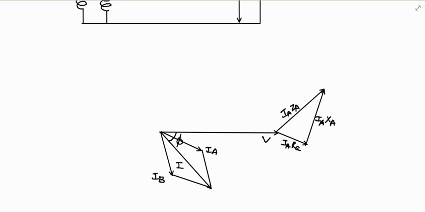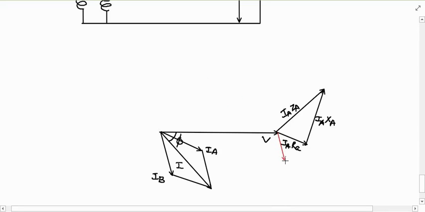Now with the red color I will mark for IBZB. So parallel to IB I will draw this, your IB RB.